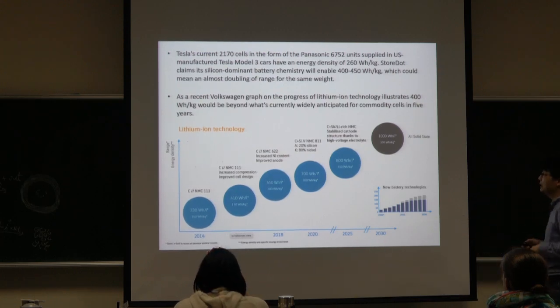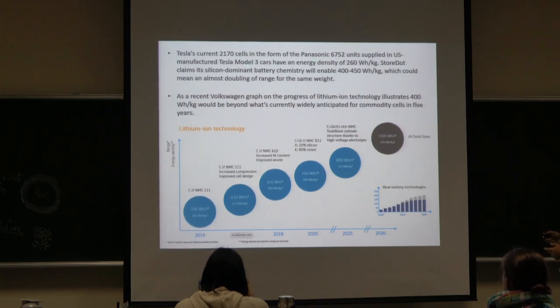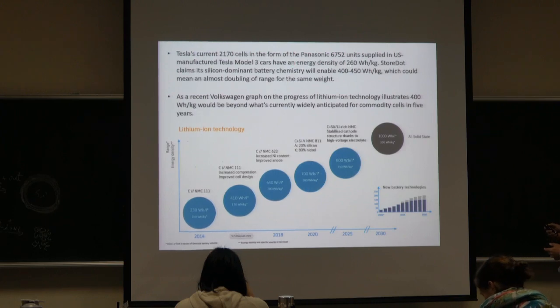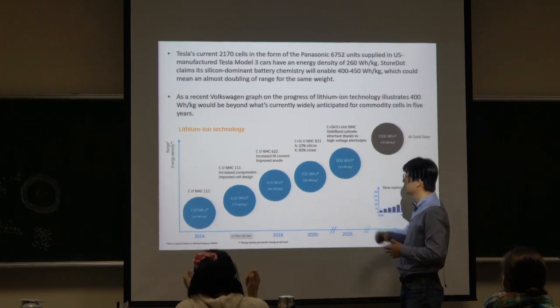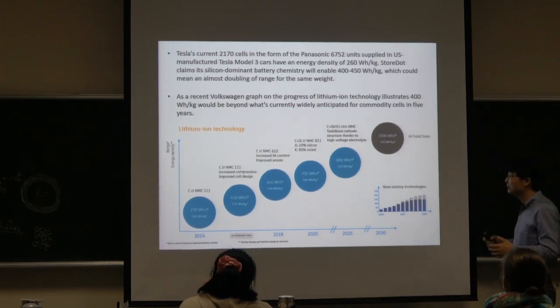So several companies are now engaged in developing high energy density batteries. Most of the big companies like Tesla and Panasonic are doing some manufacturing. Like the Tesla Model 3 has an energy density of about 260. Now it has already reached over 350 or even higher.